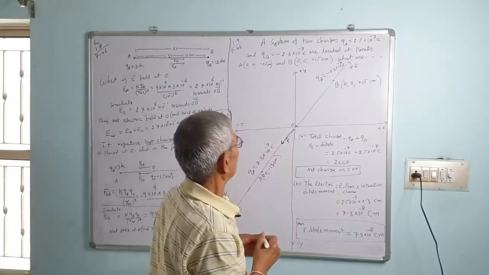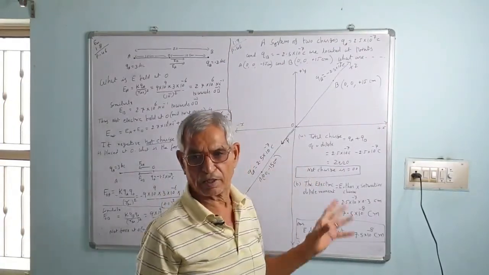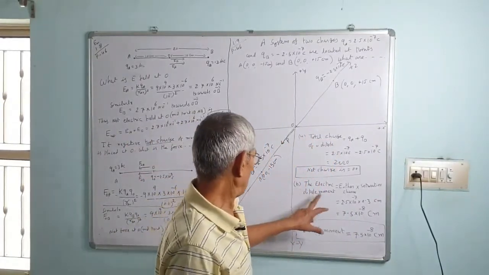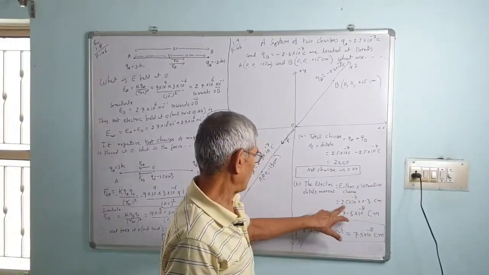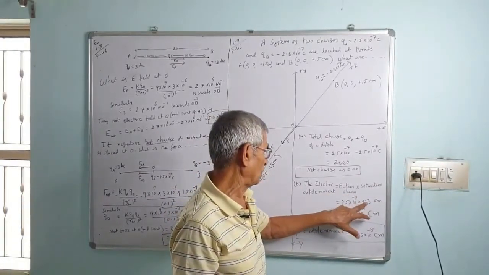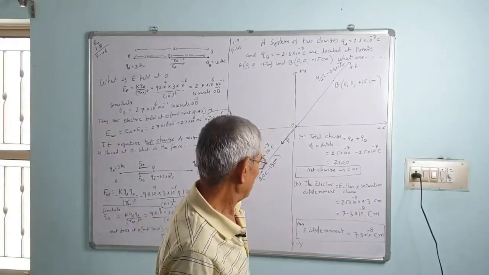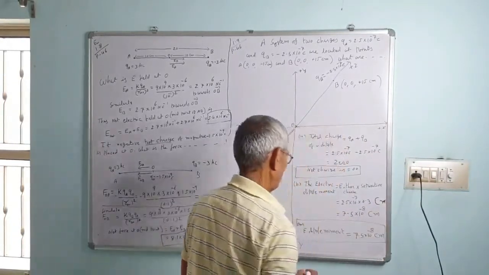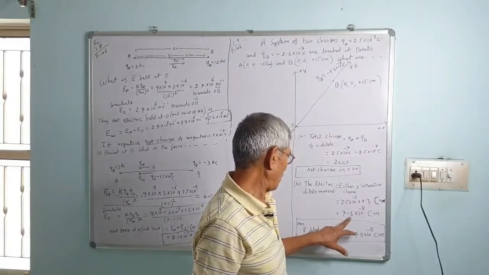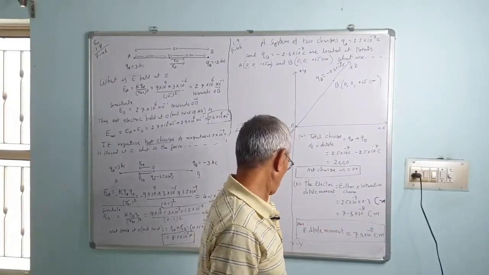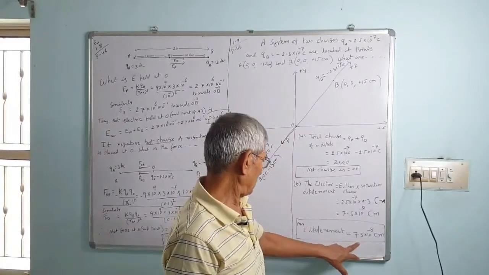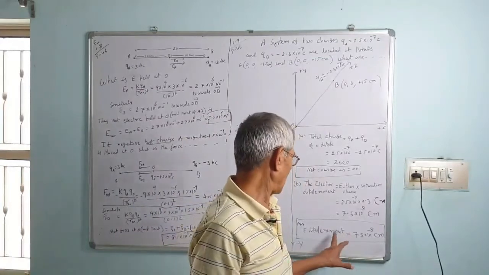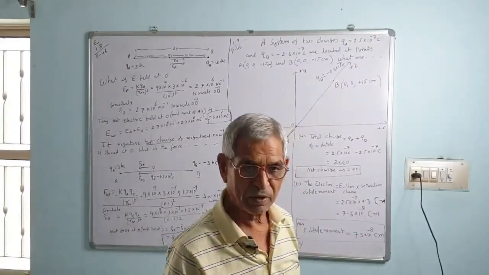The dipole moment is the product of either charge into the separation between the two charges, that is 2.5 into 10 raised to power minus 7 multiplied by 0.3, coulomb into meter. This is not centimeter, coulomb into meter. That is equal to 7.5 into 10 raised to power minus 8 coulomb meter. So the electric dipole moment is 7.5 into 10 raised to power minus 8. Correct? Net charge is 0 and electric dipole moment is 7.5 multiplied by 10 raised to power minus 8.